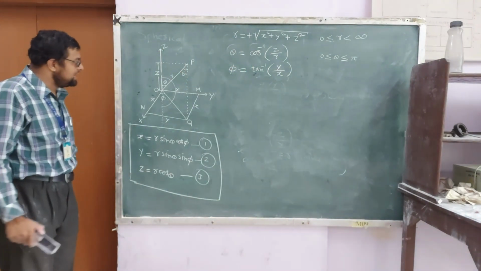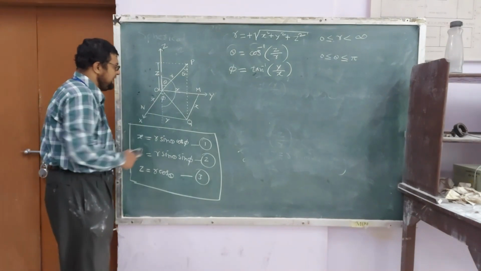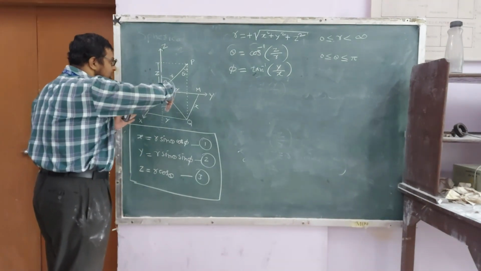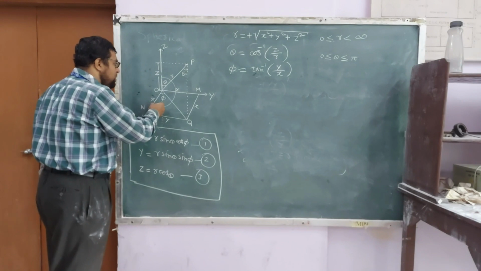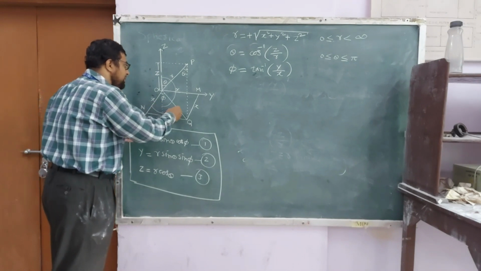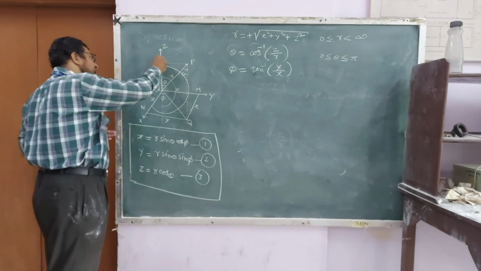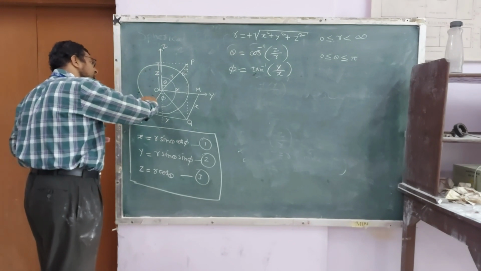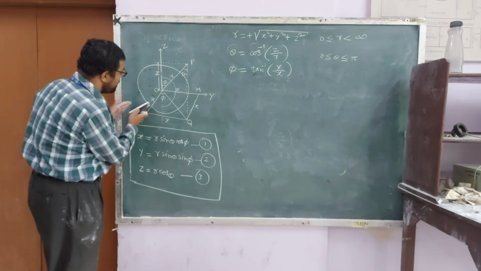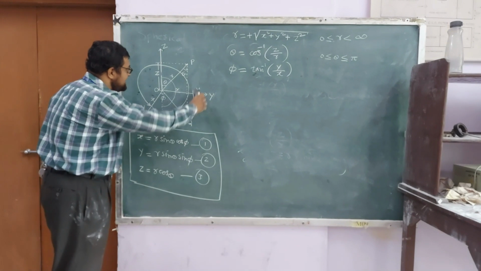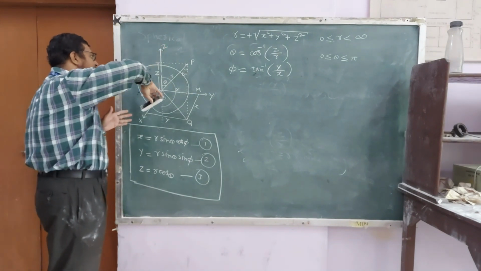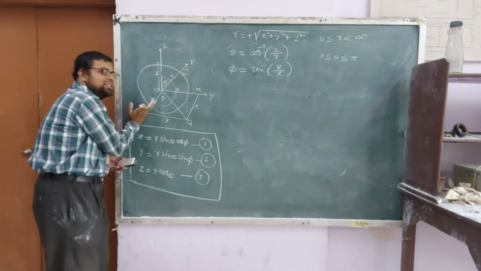Then we have the third coordinate, that is phi. Phi is measured from the x axis, and we can go around like this in the anti-clockwise way and come back toward the x axis.